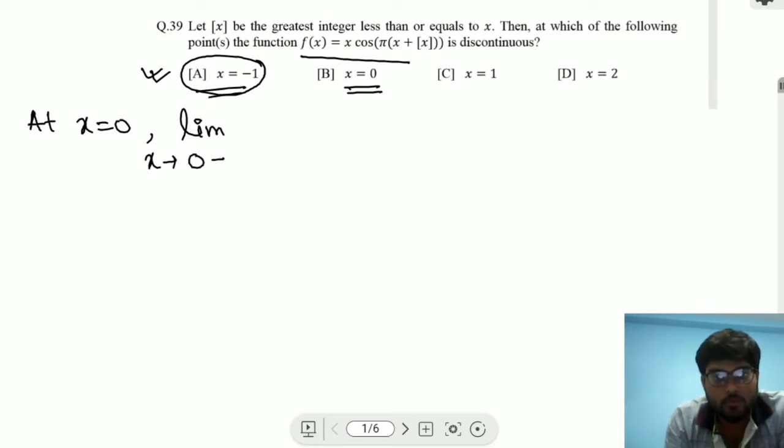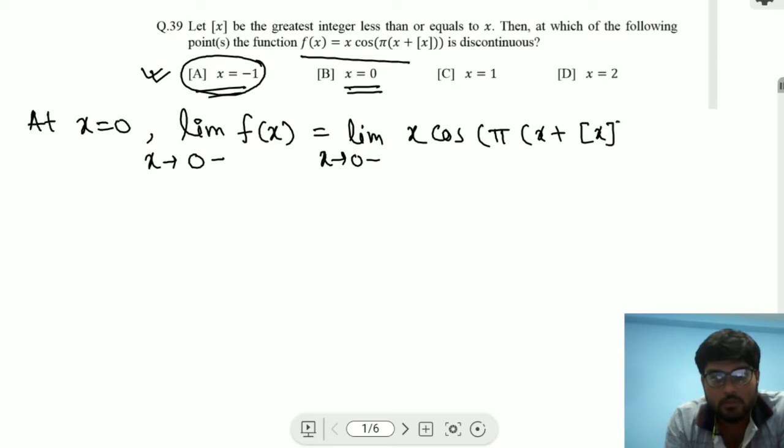If the left hand limit and right hand limit are equal, then the function will be continuous, otherwise it is discontinuous. So limit x tends to 0 minus of f(x) equals limit x tends to 0 minus of x cos(pi(x plus box x)). This will be nothing but 0. Now we'll put 0 over here.